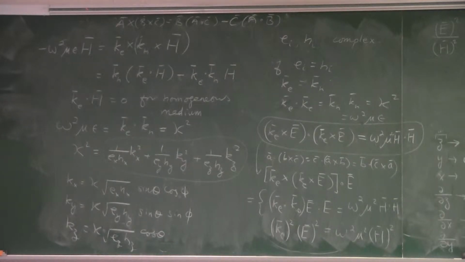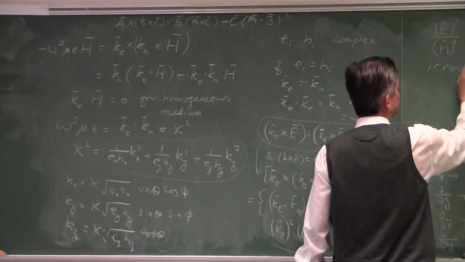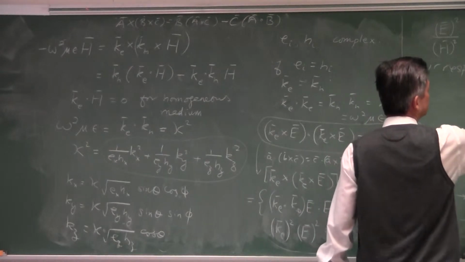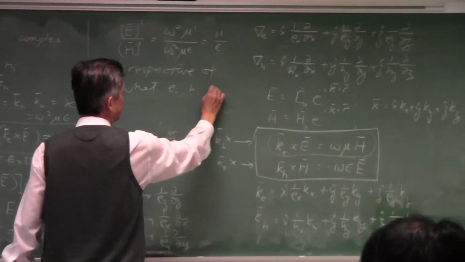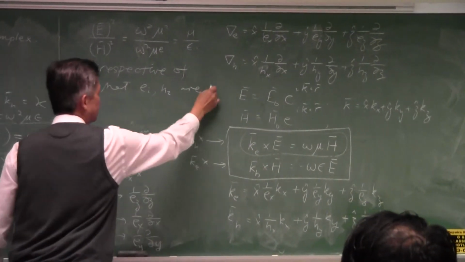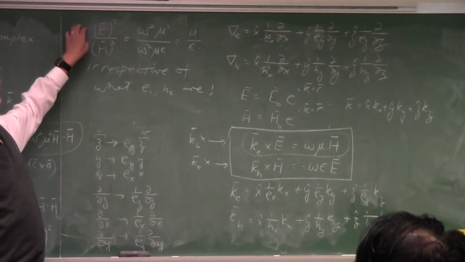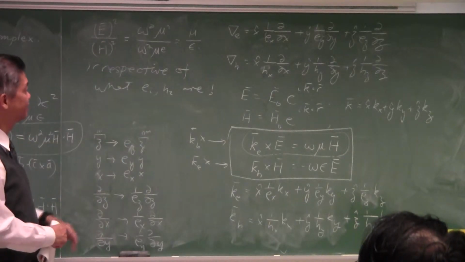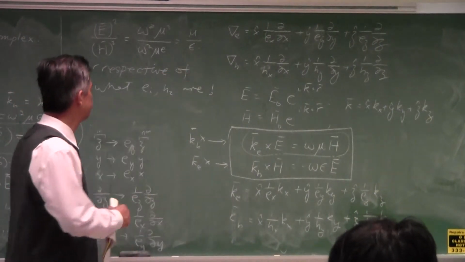Okay, so you see that irrespective of what EI, HI are, as long as they are equal to each other, if you are in a homogeneous medium, the ratio of the magnitude of the E field to the H field is always equal to that. That is just the impedance condition. This is the impedance of free space.